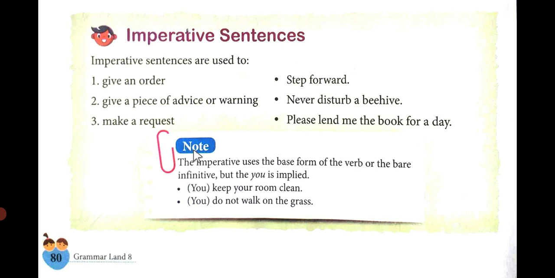The second person pronoun, that is you, is generally implied in the sentence. For example, go to your room. Who will go to the room? You will go to your room. Please don't call me. Who will not call? You will not call. So, you is implied, which generally it implies.